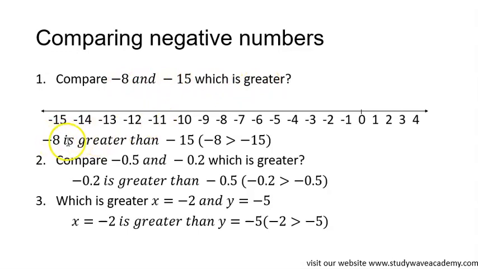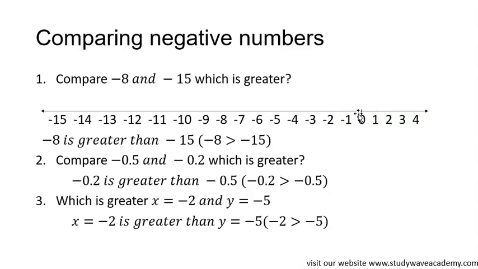We'll say -8 is greater than -15. Why is that? It's because -8 is closer to 0 than -15. See where -15 is. See where -8 is. -8 is closer to 0. So -8 is greater than -15, okay?